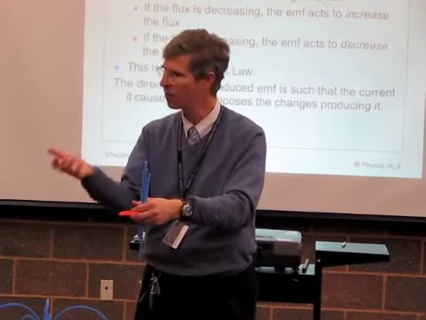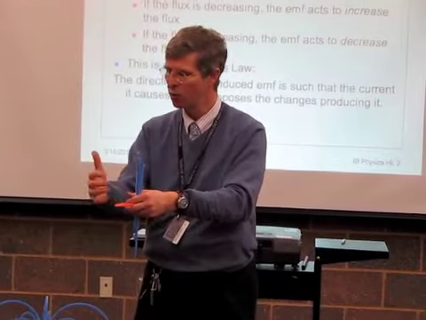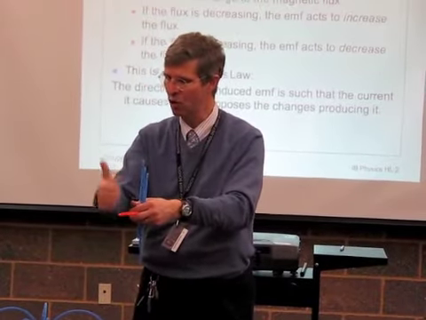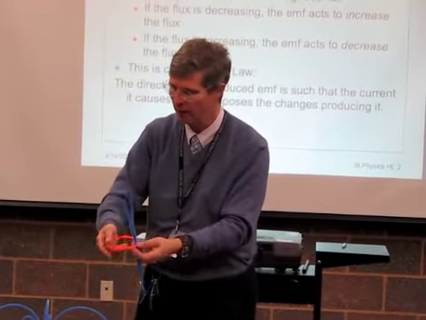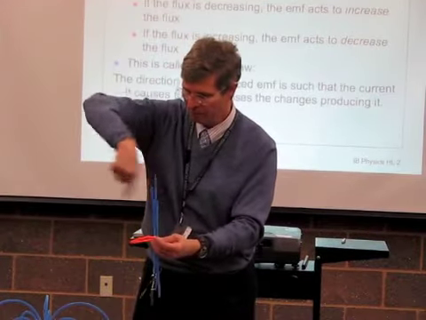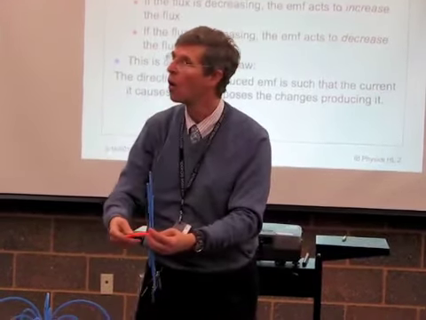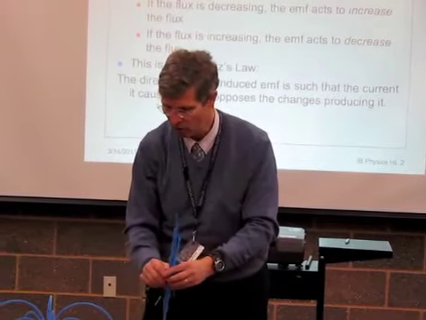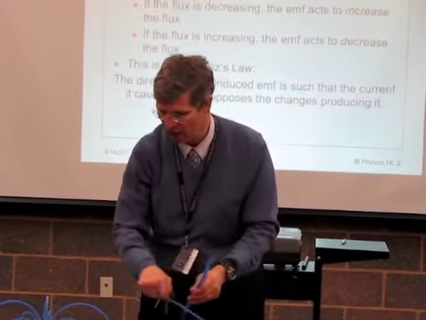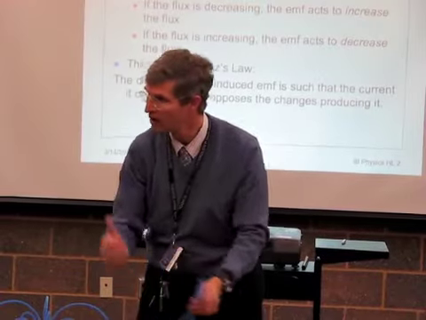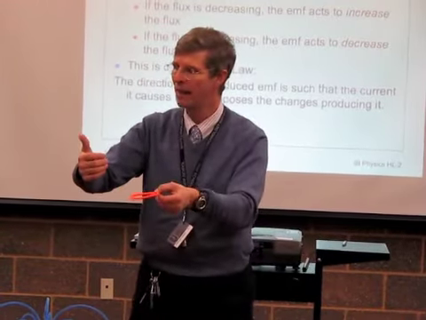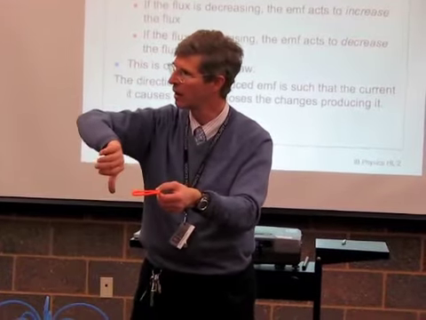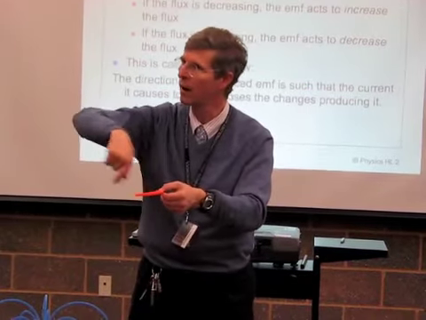Using the right-hand rule, it will try to get a stronger field in the upwards direction, so the current in here will be counterclockwise. Or if we were putting flux lines in, so it's getting a stronger magnetic field, then it acts to try and reduce it, and the current would flow the other way.